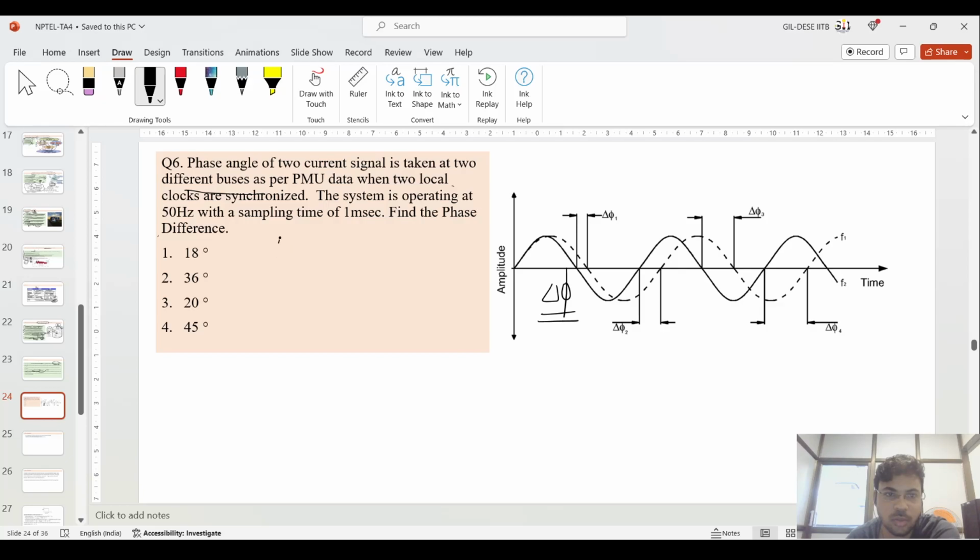18 degree. First option is 18 degree, one instant. Okay, any other answers? Take your time to solve. Sir, 18 degrees. Okay, two persons are saying 18 degrees. Anybody else? Take your time to solve.